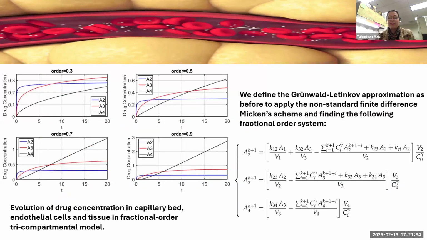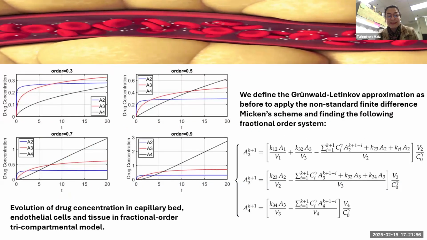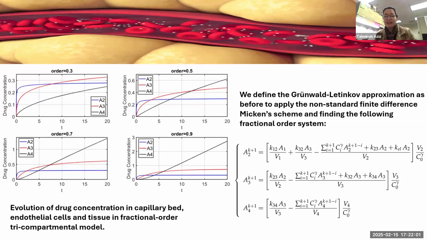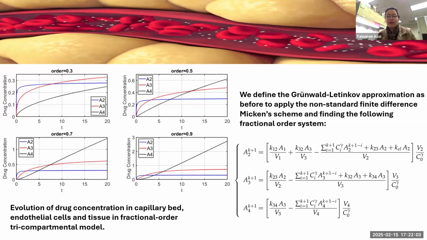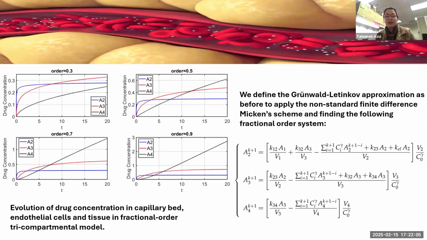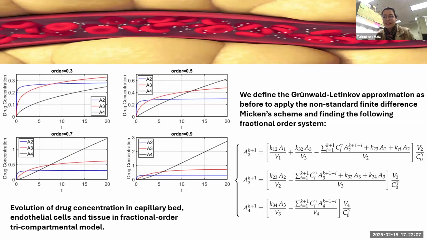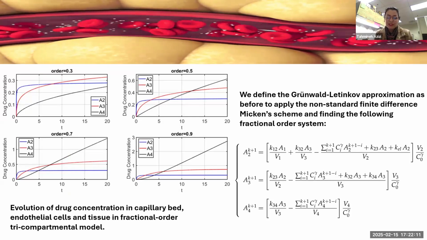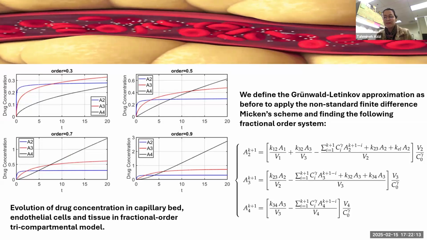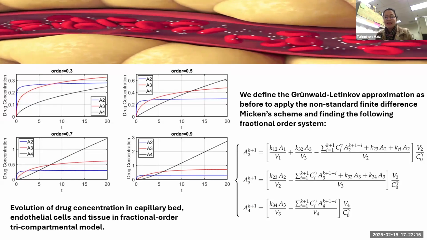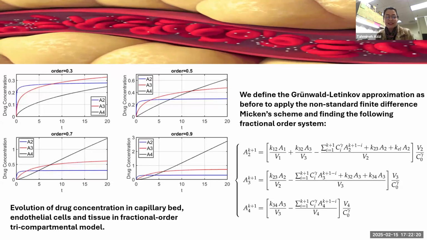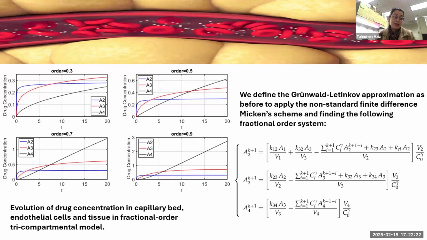Let's have fractional order modeling added to this, maybe as a study project for students. This is going to be interesting because, again, we have fractional order derivatives, and they can use this non-standard finite difference scheme to discretize the model, find the analytical solution, and play with the control parameter, the order of derivative, and get different behavior of the system.